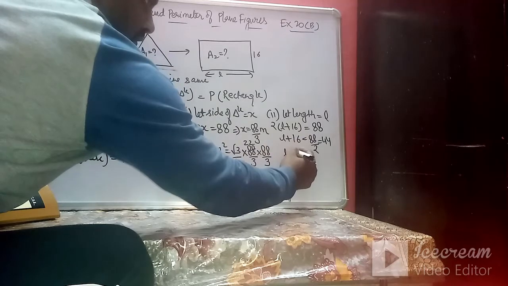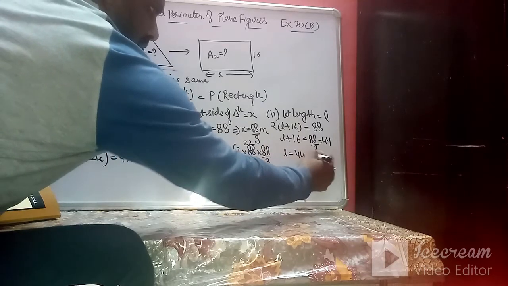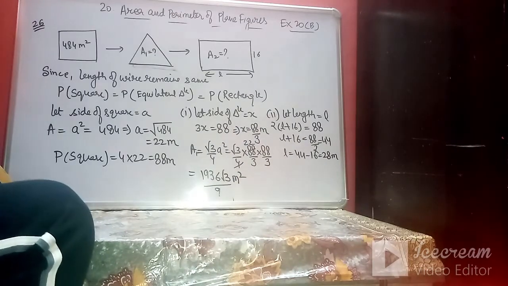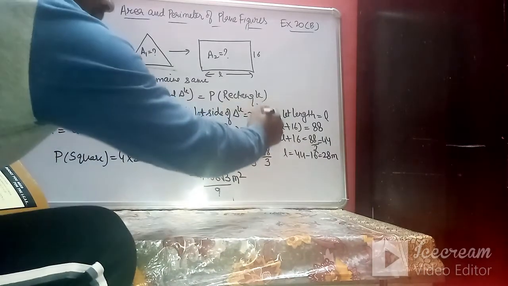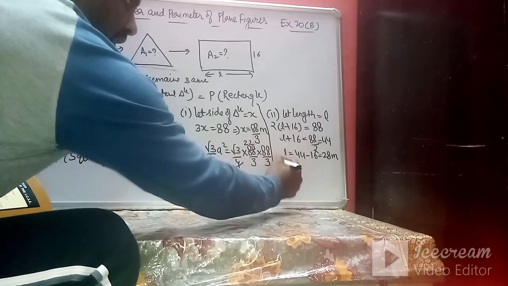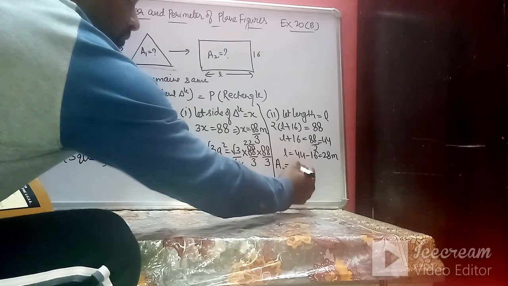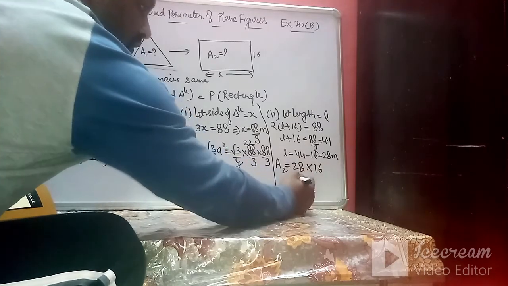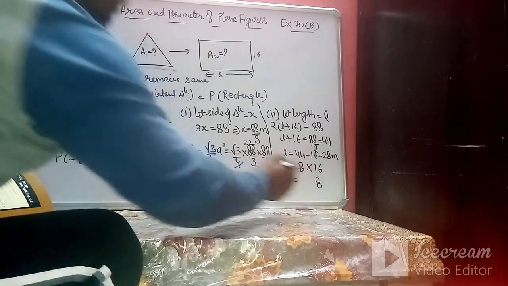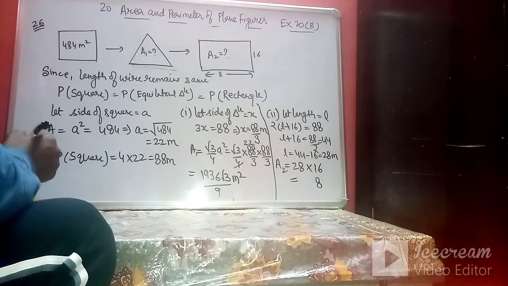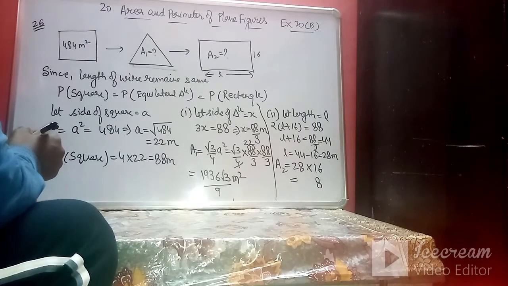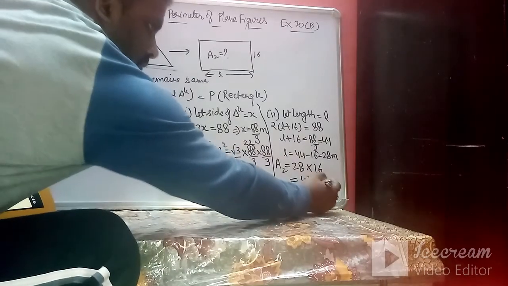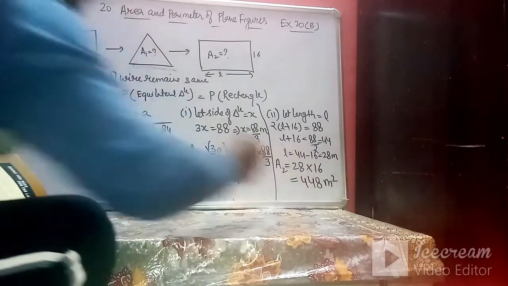So our length is 44 minus 16, that is 28 meters. So this will be the length of the rectangle. Now what is the area of the rectangle? That is A2. It will be 28 into 16 meter square.